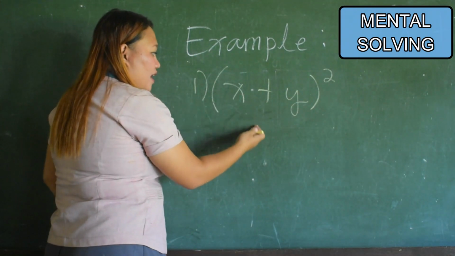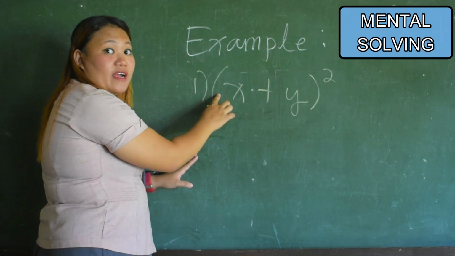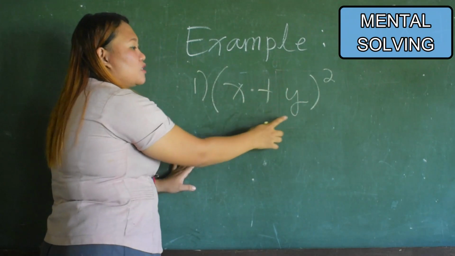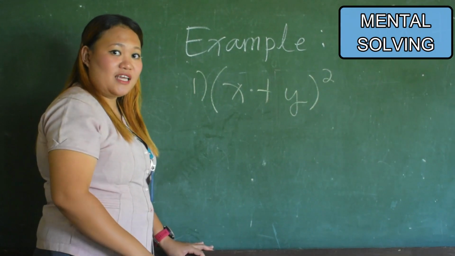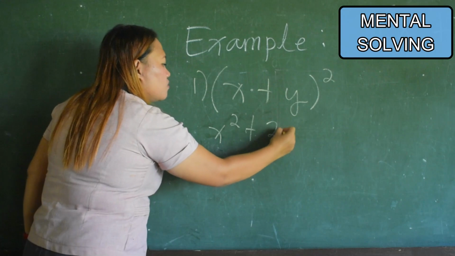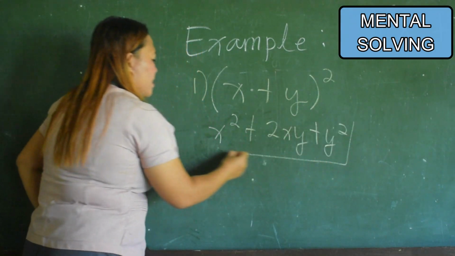So we have 2xy. So the final answer is x squared plus 2xy plus y squared. Okay, did you get it? Very good. Again, the answer is x squared plus 2xy plus y squared.